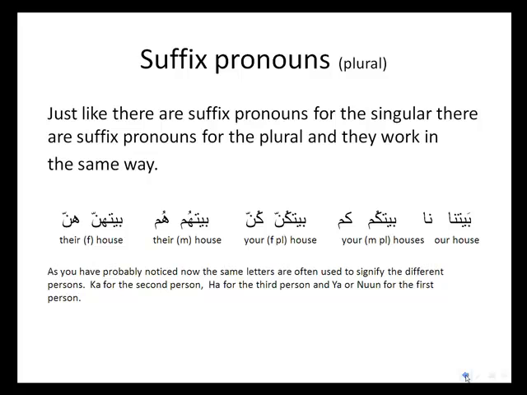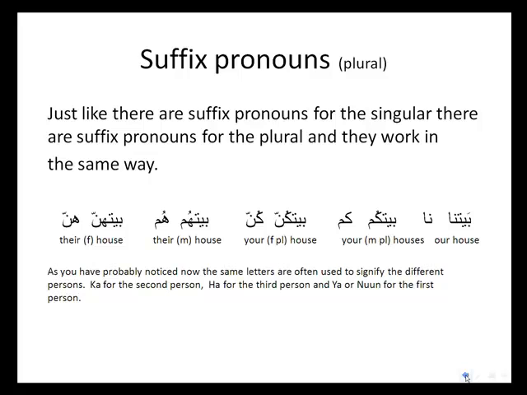Their house for a group of men, beituhum. And to a group of women, beituhunna. Okay? If you look at these ones and then you look at the singular forms as well, you can see that they're always the same letters signifying the first, second and third person.